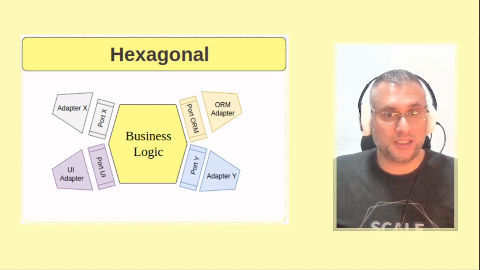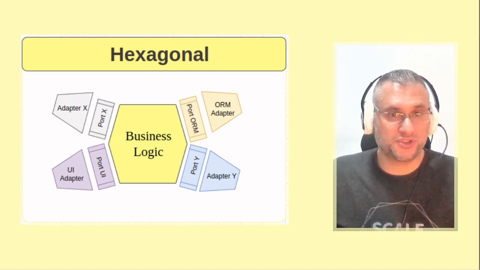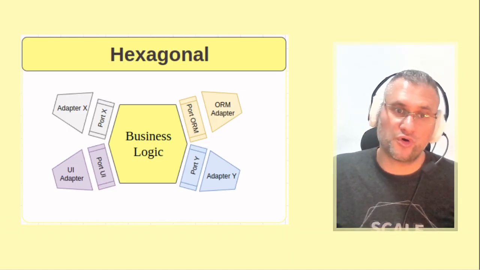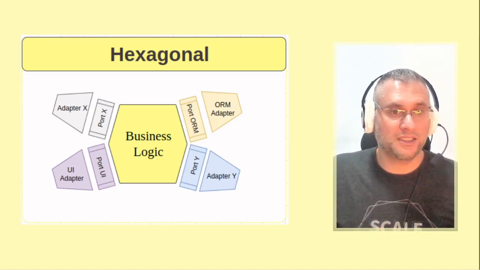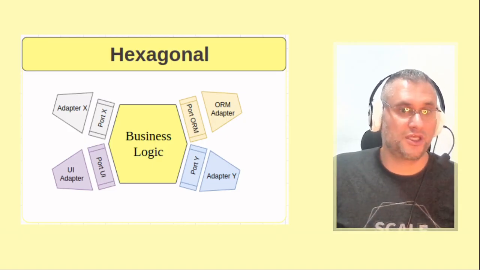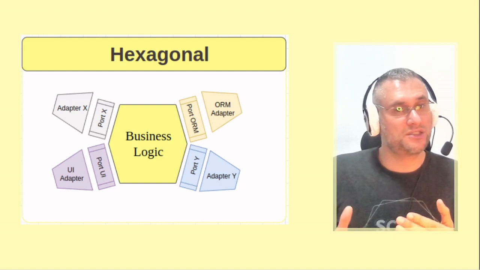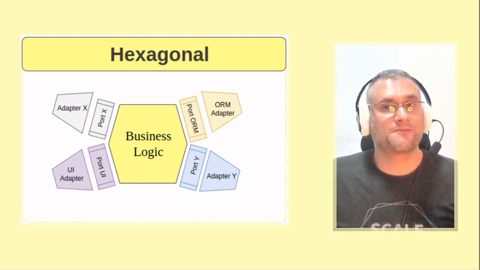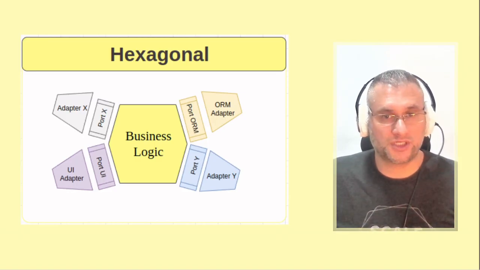These communicate a portion of the data with the business logic, and we can have another port, for example the port for UI and the adapter for the UI. This port accesses the business logic and sends to the user the information required by the user.